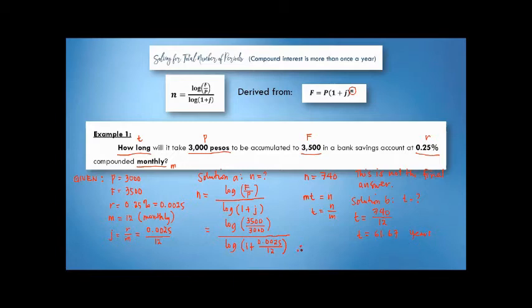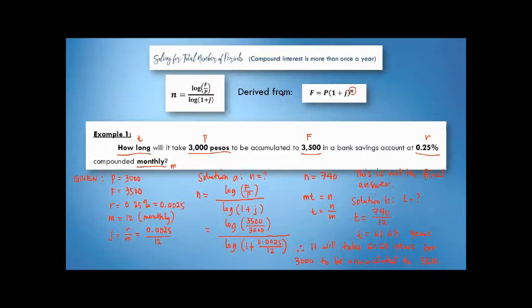So therefore, ang ating conclusion is it will take 61.67 years for 3,000 to be accumulated to 3,500 pesos.